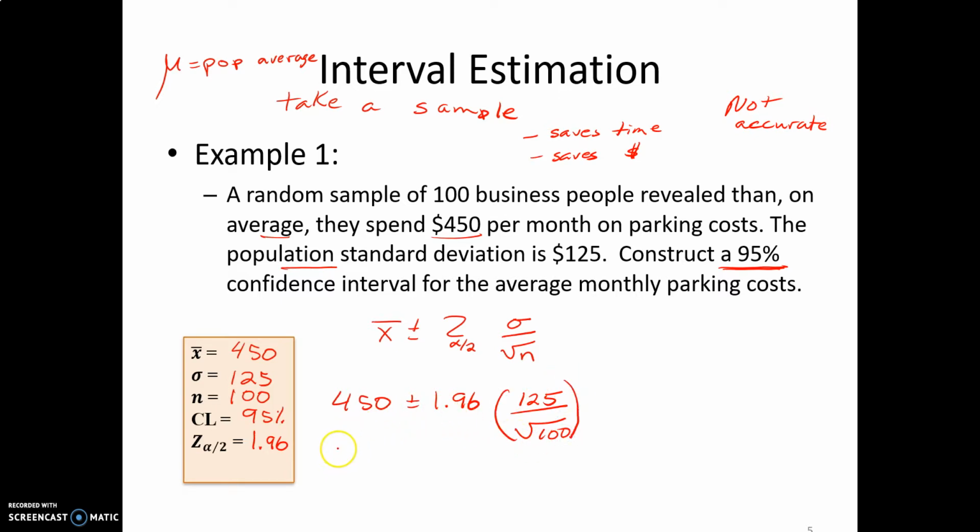I'm going to do this separately. This turns out to be 12.5. And now our final statement we need is this: 450 plus or minus 24.5.